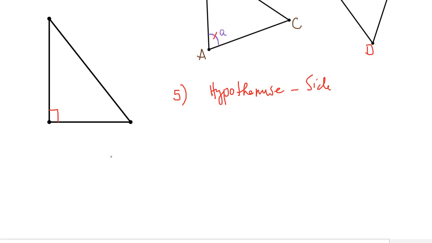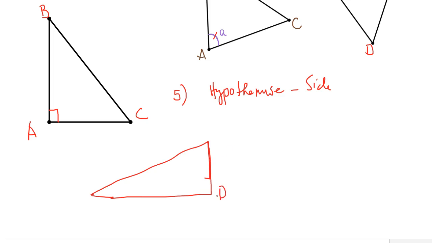For example, I have another triangle here. I will say this is ABC, and then we have DEF, and this is a right triangle.